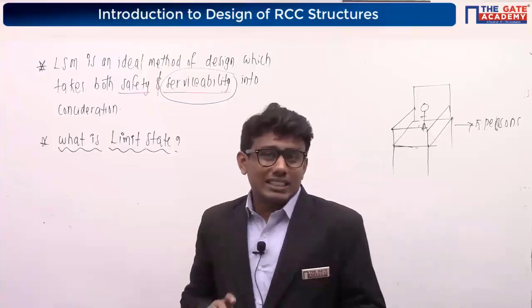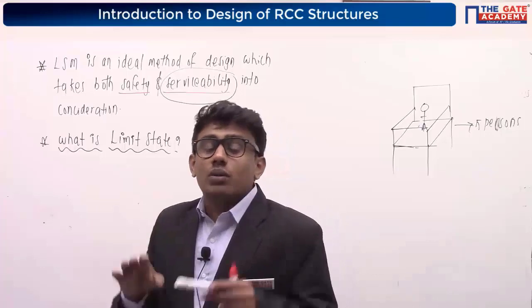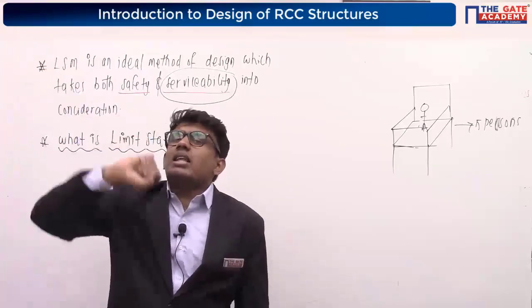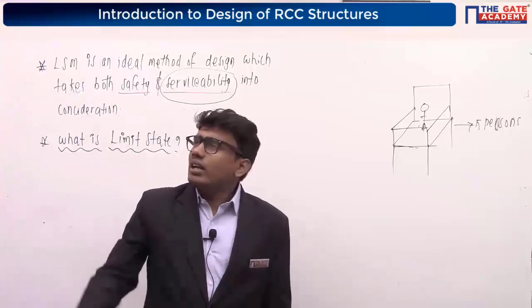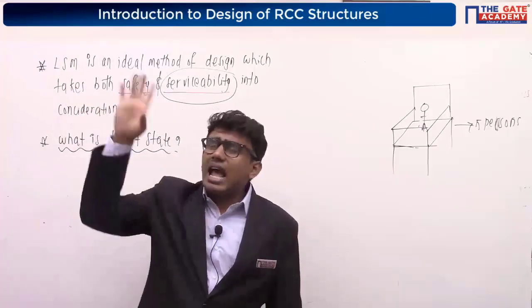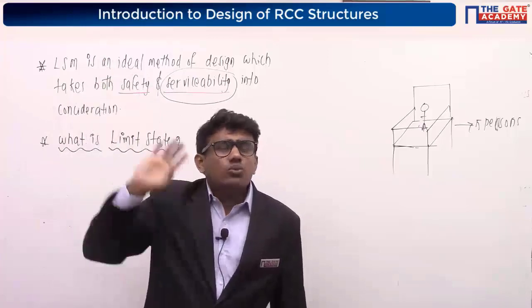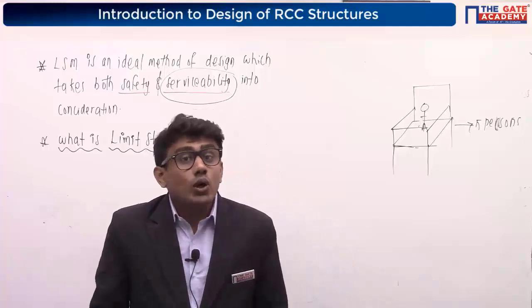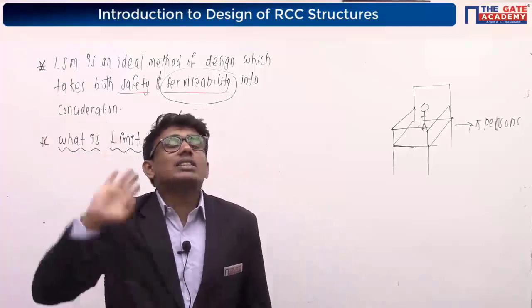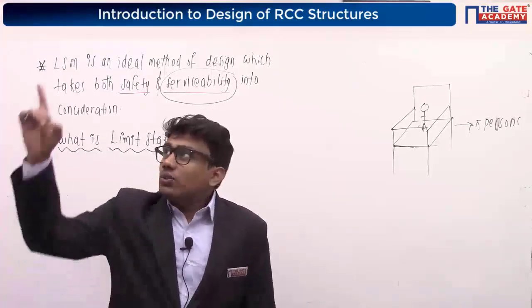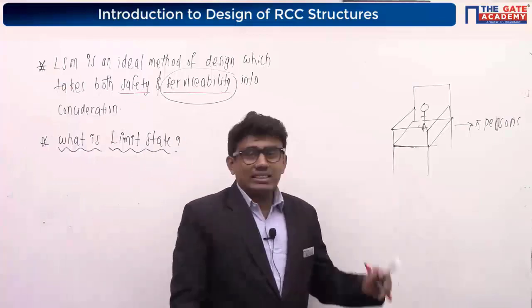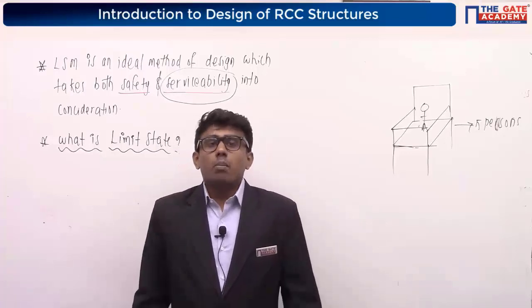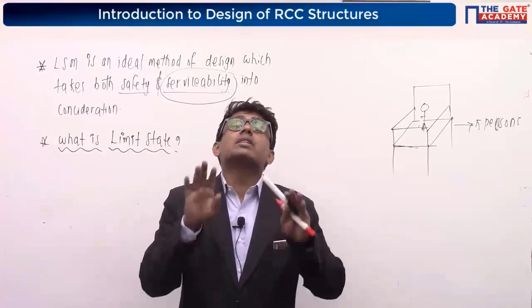So the IS code says that during the construction of structures, cracks in the beam cannot be completely avoided; cracks are possible in the structure. The cracks, vibrations and deflections, all these things we have to limit to a certain value so that the user does not see them. If I take the chair example, when I sit on the chair there will be some vibrations and some deflections, but they must be within permissible limits.